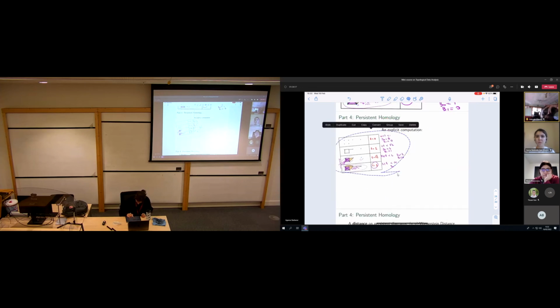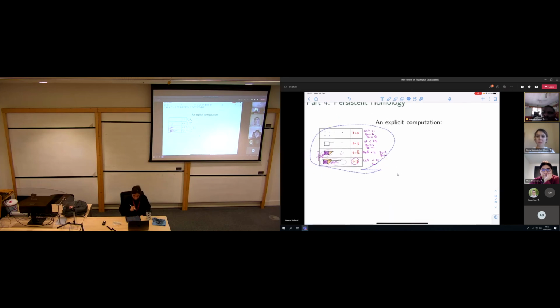I'm just copy and pasting this here to have it in front of us. I want to transform this information about how the Betti number changes when the time parameter increases in the filtration. I want to encode all this information as a picture using the so-called persistent barcode.